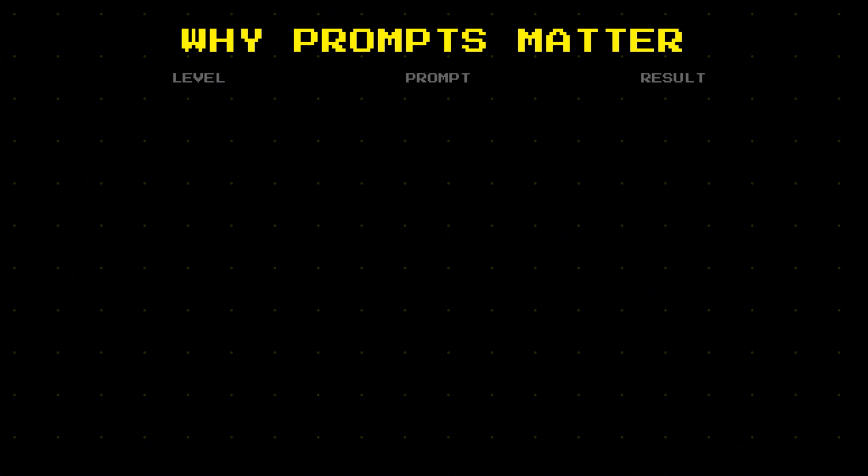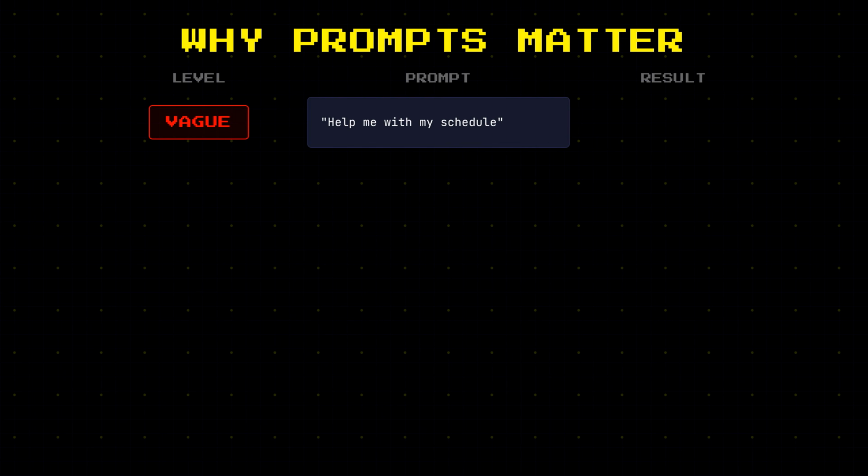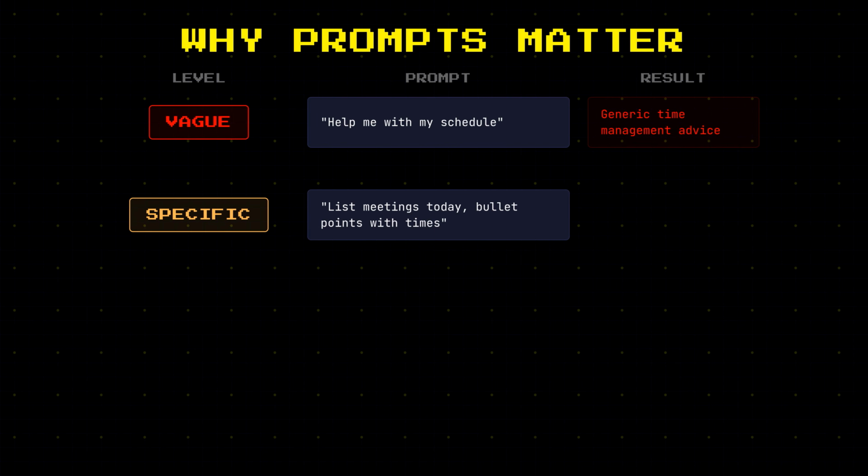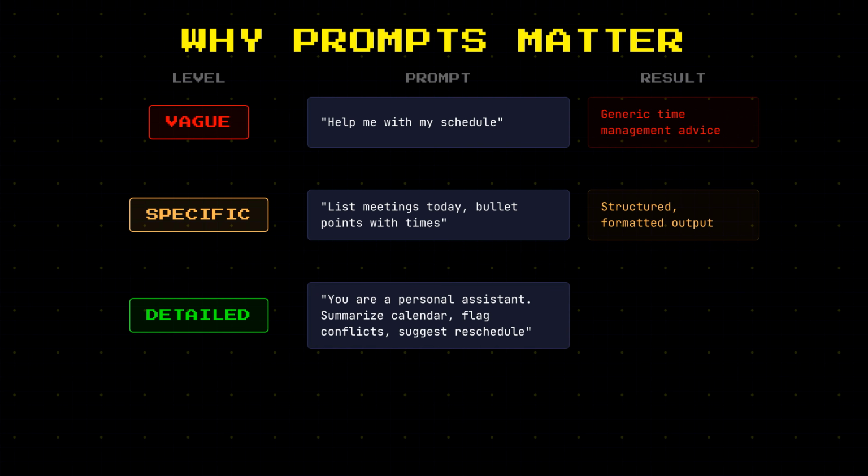Let's make this concrete. The same question with 3 different prompts produces 3 completely different results. If you say, "Help me with my schedule," you get vague, generic advice about time management. Not very useful. If you say, "List my meetings for today in bullet points with times," now the model knows the format you want and the information to include. Short, structured, useful. Go further. "You are a personal assistant.